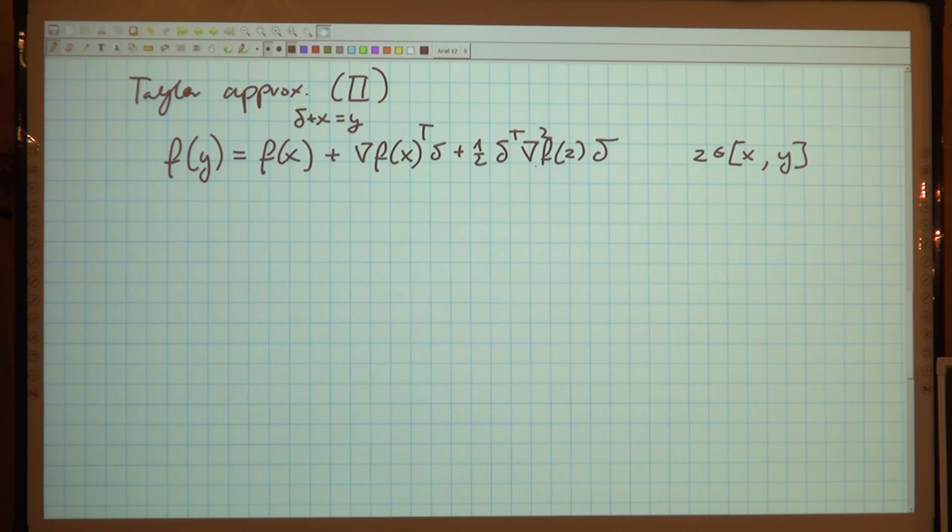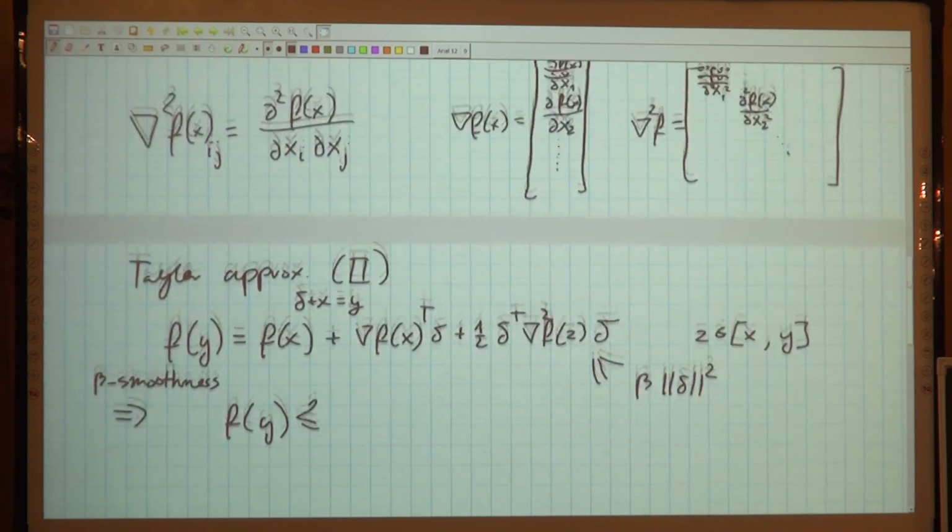And now what smoothness gives me is something very dramatic. I'm happy that it's so inspiring what I'm doing here. Since I know that for any point in my domain, the largest eigenvalue is at most beta times the norm squared of delta.